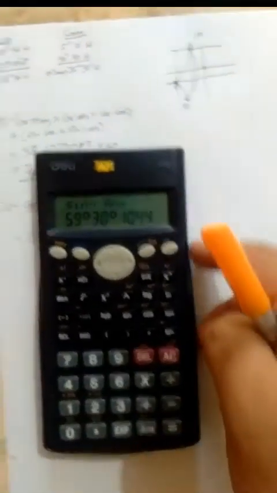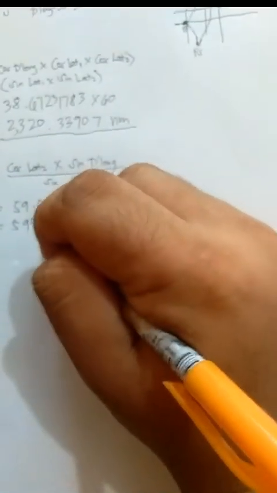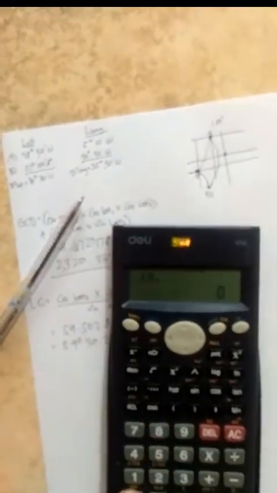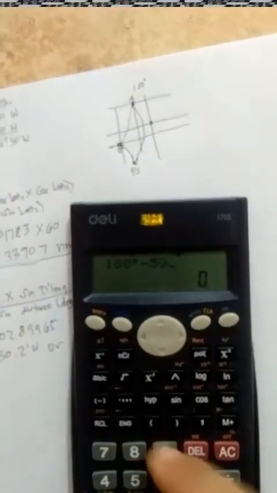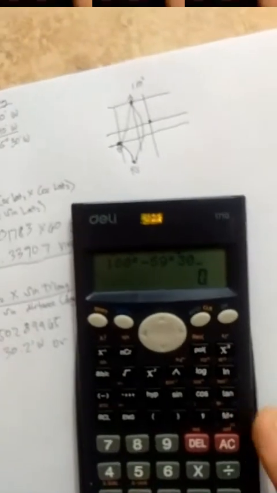Then you have to convert it to degrees: 59 degrees 30.2 minutes west, or you have to subtract 180 degrees minus 59 degrees 30.2 minutes.